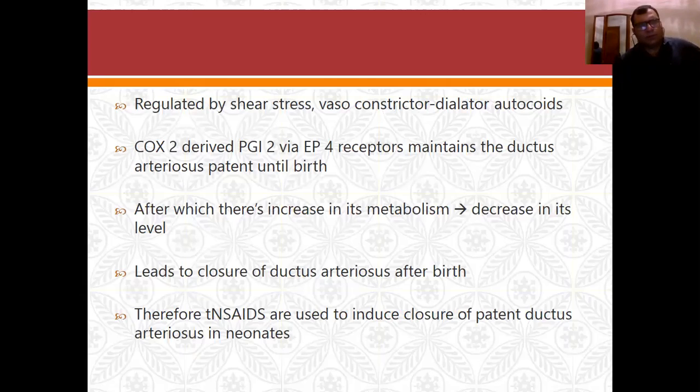COX-2 derived prostaglandin E2 via EP4 receptors maintains the ductus arteriosus patent until birth, after which there is increased metabolism and decreased level, leading to closure of the ductus arteriosus after birth. Therefore, non-steroidal anti-inflammatory drugs are used to induce closure of patent ductus arteriosus in neonates.